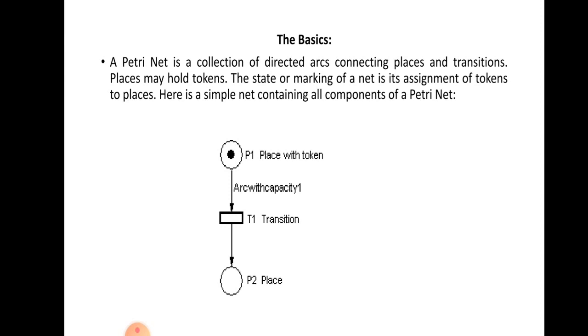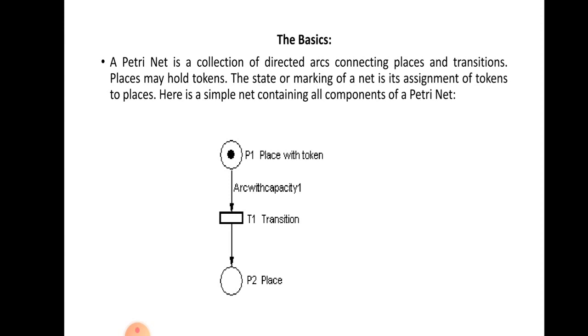So these are considered a network process. This is a Petri net. There are two terms: places and transitions. Places hold any token or any information, and a transition takes place from one place to another, from P1 to P2, using the transition T1.